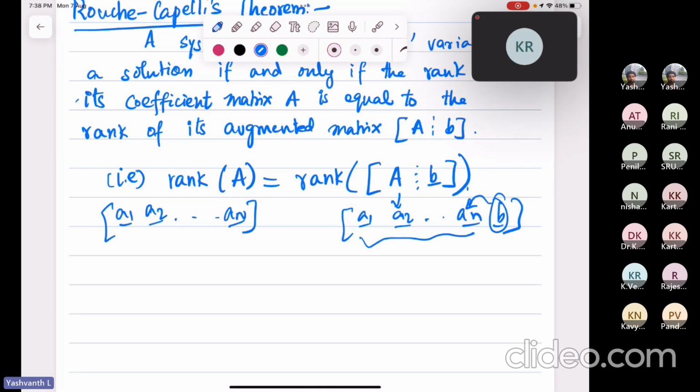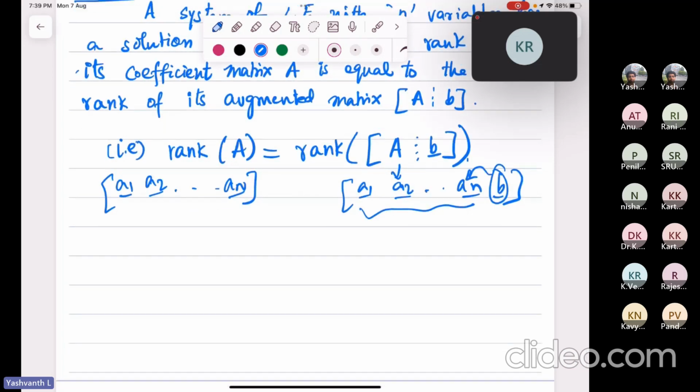That means b cannot be linearly independent of these vectors, so adding one extra column should not improve the rank. Because b is a linearly dependent vector on these columns, you cannot increase the rank by adding the vector b. That's why rank of A should be equal to rank of A augmented with the vector b.